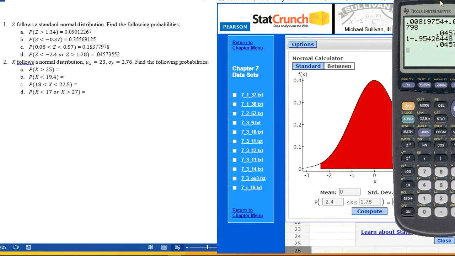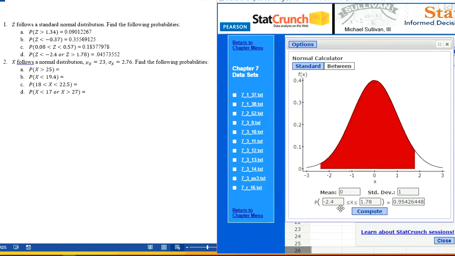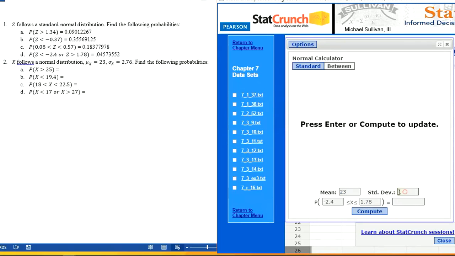Speaking of which, in the next example, we have what we would call a non-standard normal distribution, but we can enter the mean and standard deviation in here, a mean of 23 and a standard deviation of 2.76, and we can calculate our probabilities the same way.